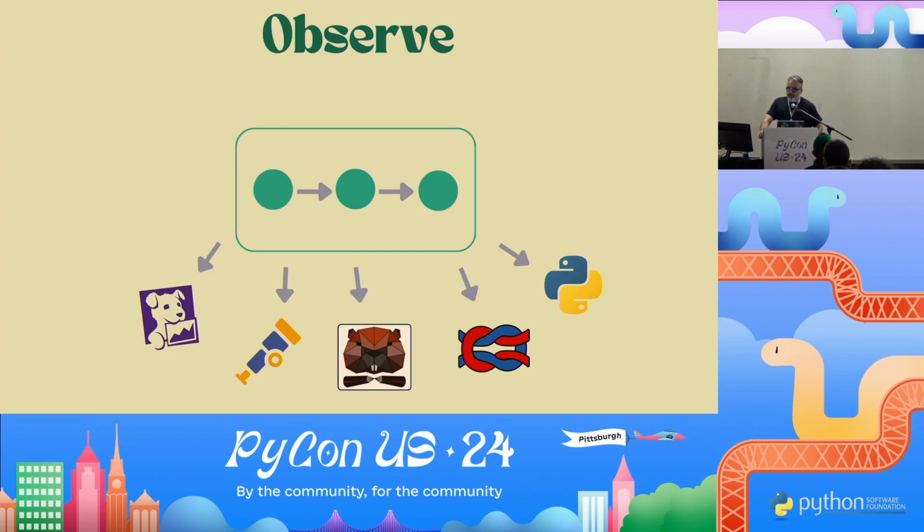So for example, right out of the box, Haystack can send APM data to Datadog or OpenTelemetry. We support structured logging through the structlog library. We have LLM tracing. For example, out of the box, you can use Langfuse.